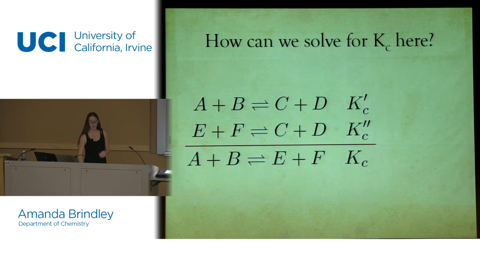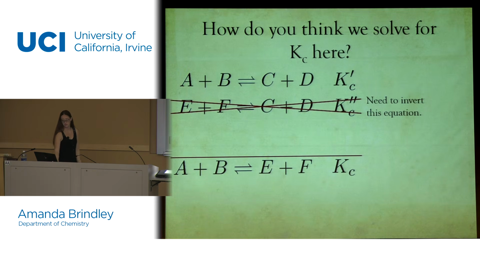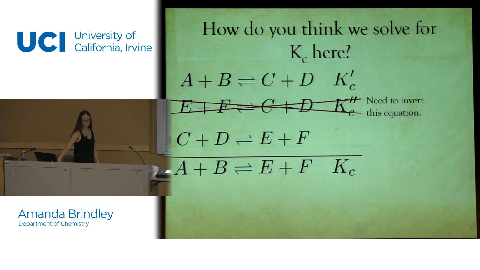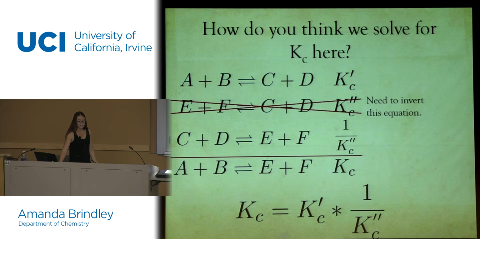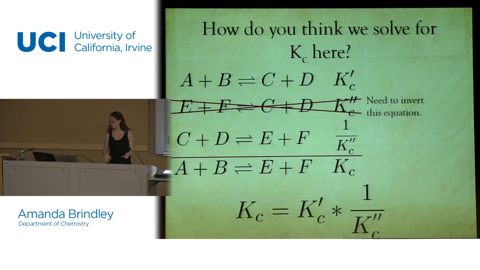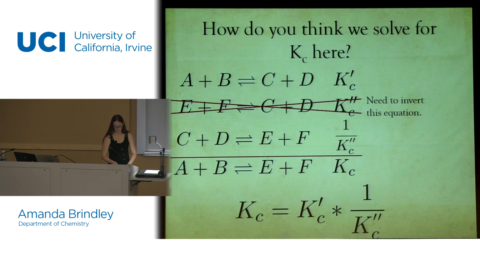What do we have to do to get this equation? We have to flip the middle one. So let's do that. We flip it. What happens to the Kc? Yep, to the -1 or 1 over, whichever you want to think of it as. When we multiply these together, we now multiply Kc over 1 over Kc double prime. And you would have numbers for these. At the moment, we're just keeping it generic, but eventually you would have numbers for them.